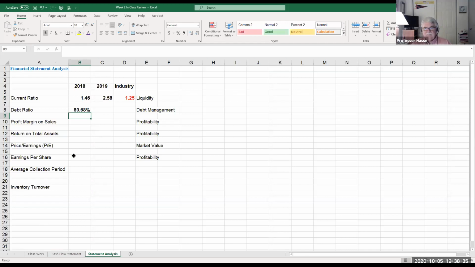Whoa. The average for most companies is about 60 to 65%, especially these days. For 2019, you slide it on over. Whoa, 43.78%. Why? Well, we know that reason too.